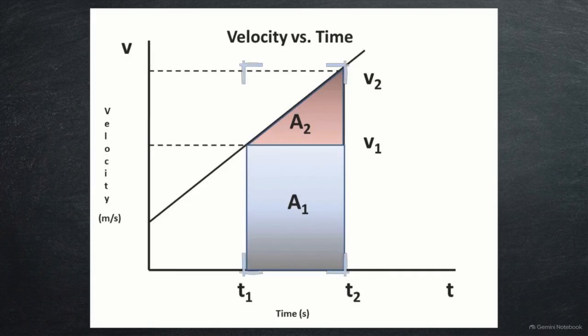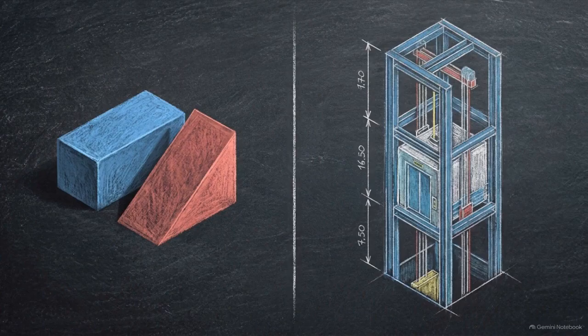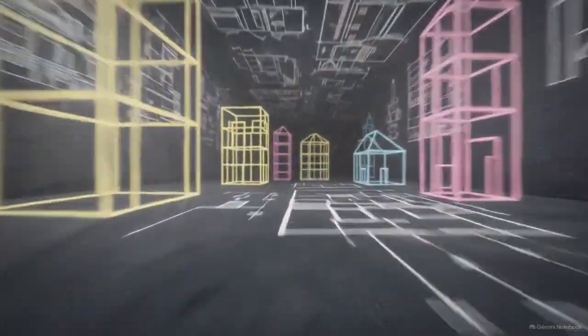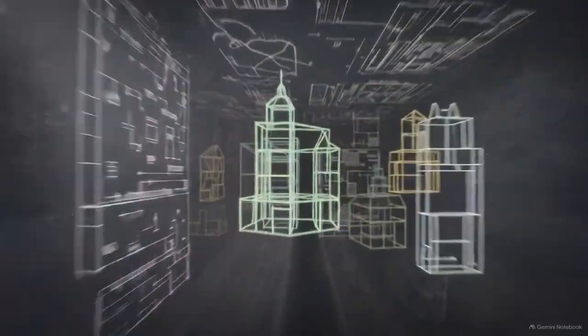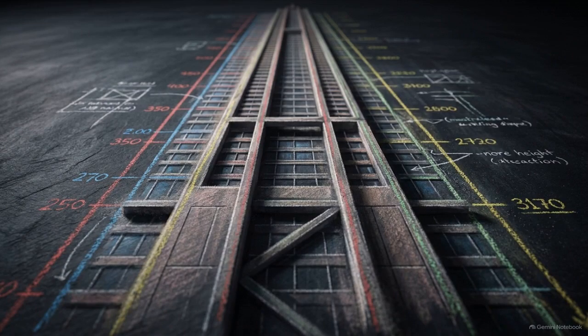We look at the area under the curve to find our displacement, breaking the complex shape into simpler parts, the rectangular region labeled A1 and the triangular region above it labeled A2. Calculating the combined area of these blocks determines the depth of the elevator shaft using the movement data of the cabin. Whether a vehicle is sliding forward on asphalt or dropping down a concrete shaft, these geometric rules act as universal constants. They can measure physical space no matter which way we're traveling.